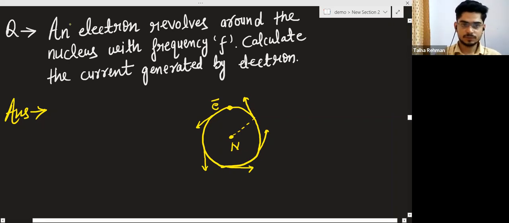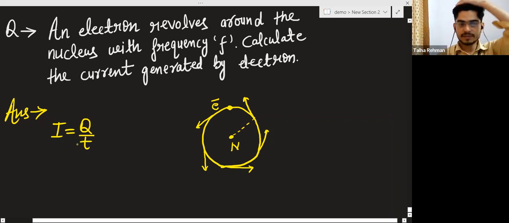Now, we know that current is equal to charge divided by time, charge divided by time. And charge on electron we know 1.6 into 10 to the power minus 19 coulomb.